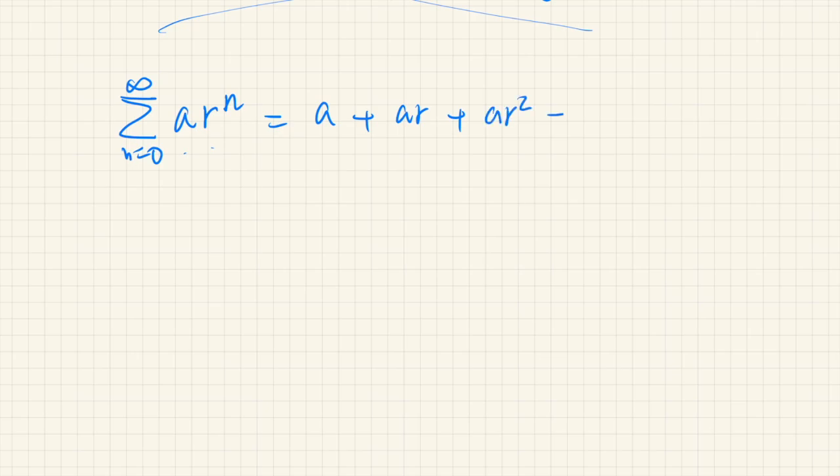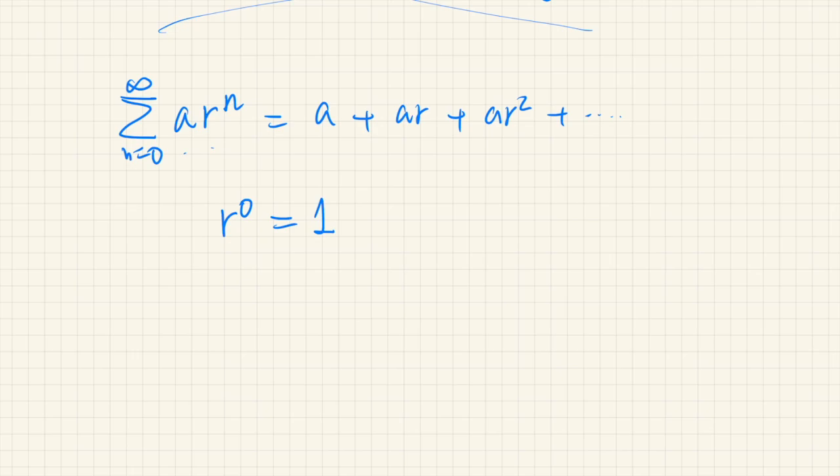Here's an example of a series that is called a geometric series. That is the sum of a times r to the power of n, where a and r are some constants, real numbers. So this means a plus ar plus ar squared plus and so on. And here we assume that r to the power of 0 is 1.